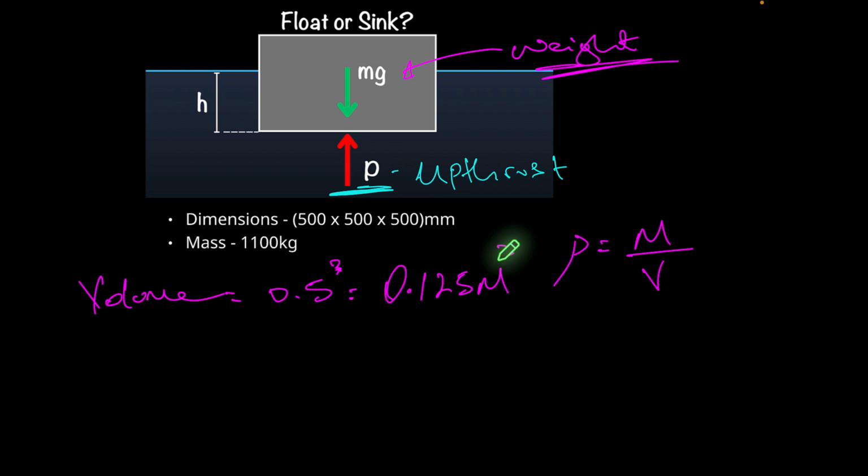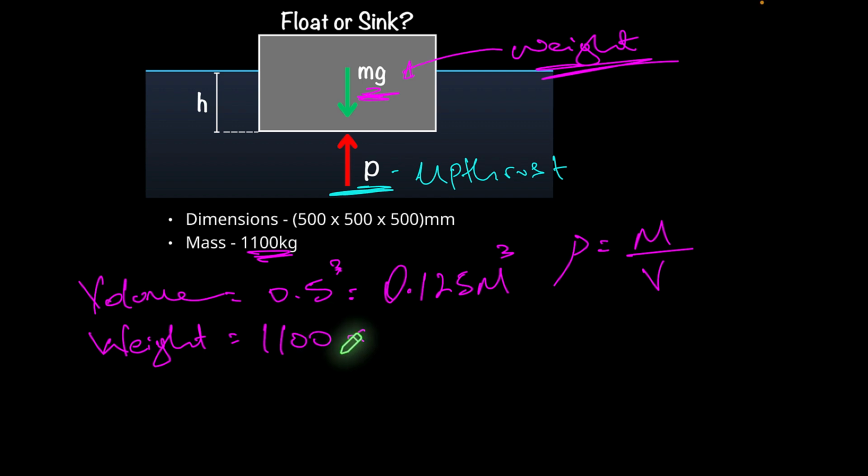Now, since we already know what the mass of the object is, then we can calculate the weight. And using this formula, which is mass times gravity, that will give us the weight. So if we work out then the weight, that's just going to be our mass that we have right here, which is 1,100.